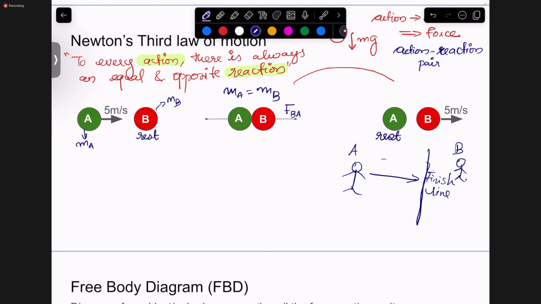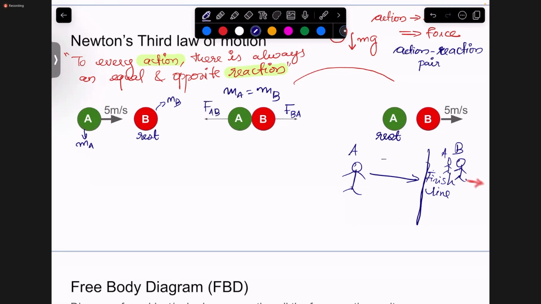You are A and your friend is B, and your friend will be holding you. Your friend will move a bit backward, along your direction of motion, and slowly he or she will try to stop you. Eventually you will come to a halt. Similarly, B is trying to stop A with a force FAB.